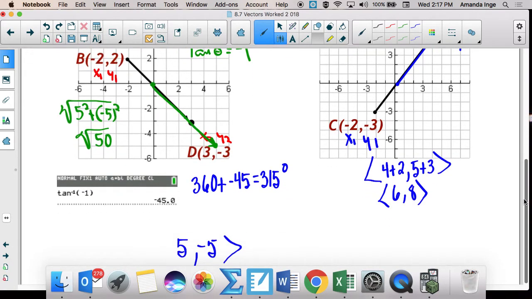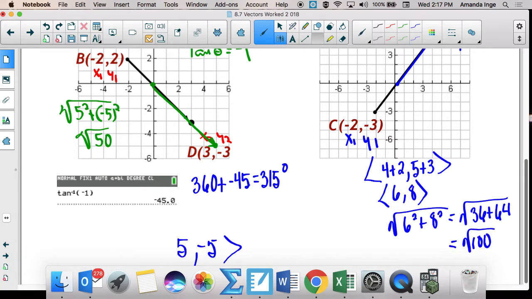To find the magnitude, we'd say the square root of 6 squared plus 8 squared is equal to the square root of 36 plus 64. So we have the square root of 100, which of course is 10.